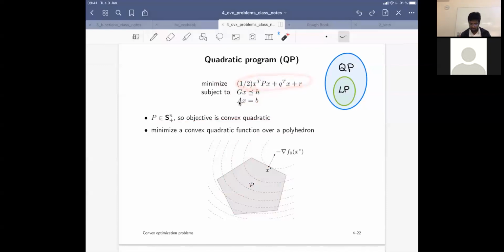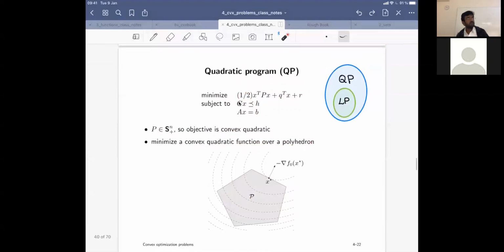So when you differentiate this function twice, you will get P. That has to be positive semi-definite. Then only this objective function is convex, and then only you can solve this. So quadratic programming is minimizing a quadratic function over a polyhedron.